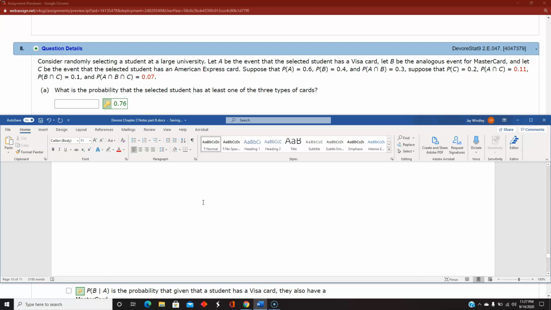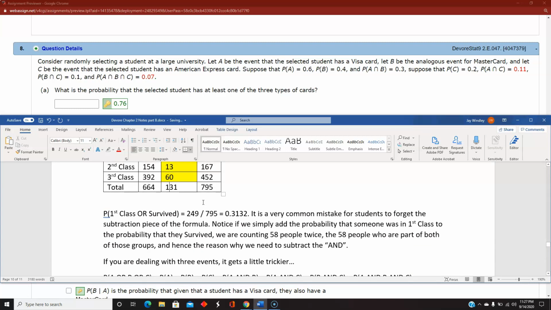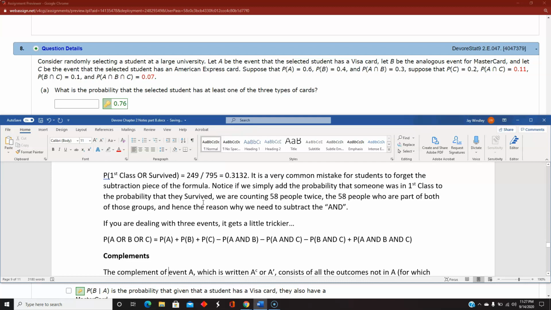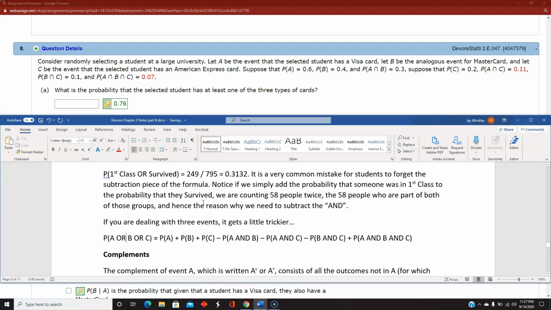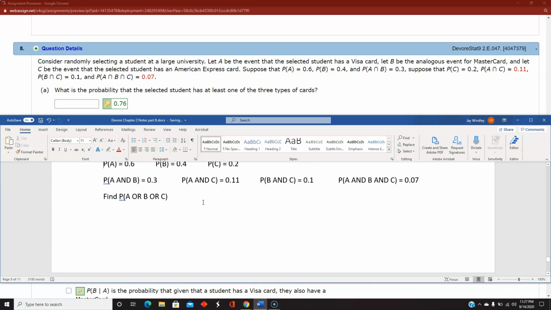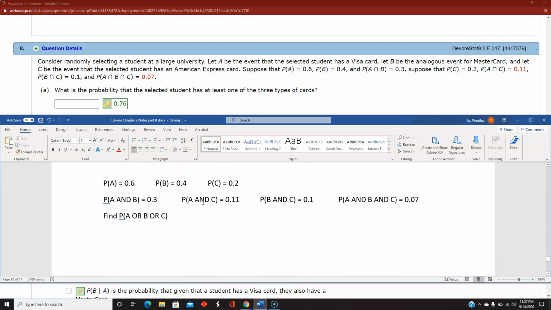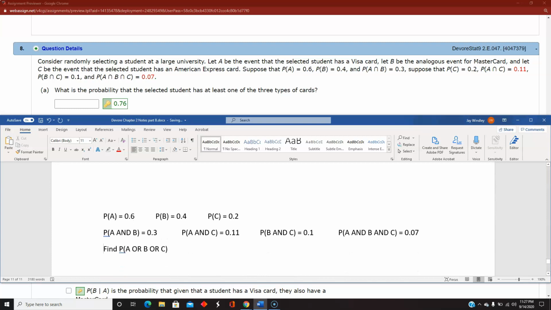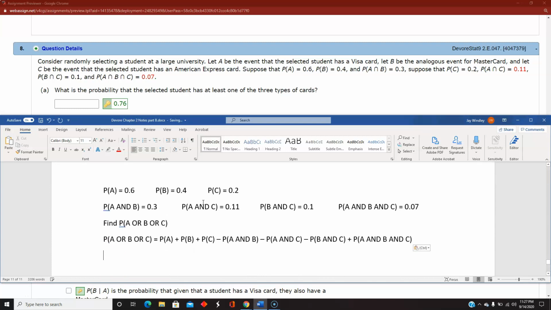And earlier in the notes, I gave you a formula for such a thing, even though I mentioned at the time that this is a little bit ugly when you get more than two events. The probability of A or B or C is the probability of A plus the probability of B, et cetera.